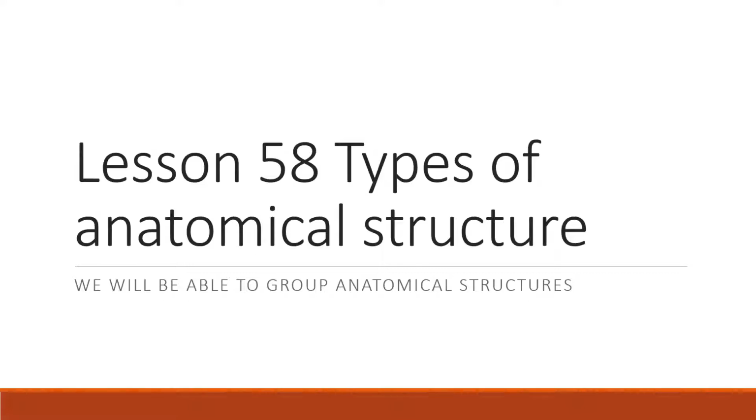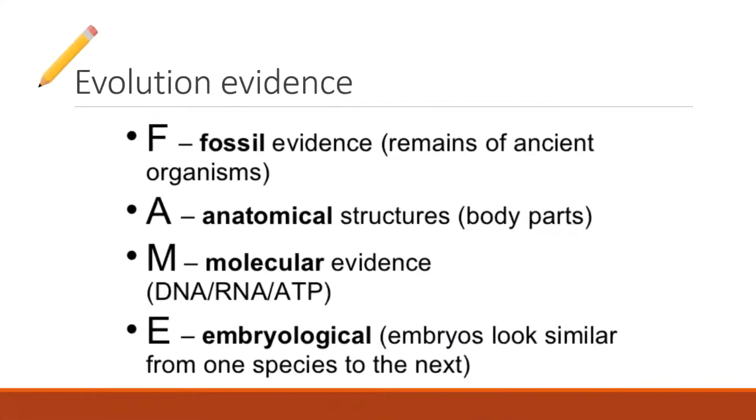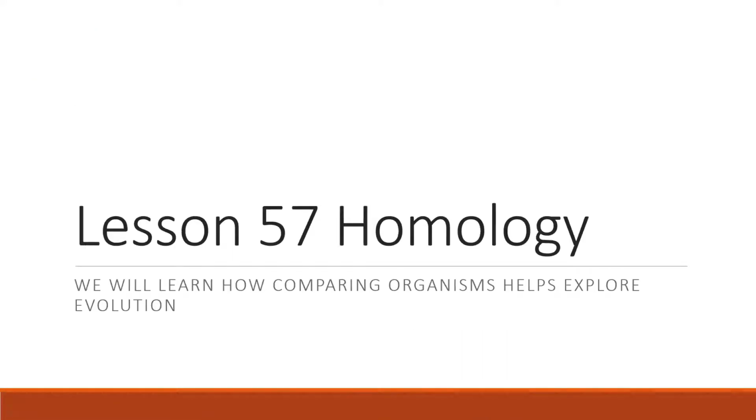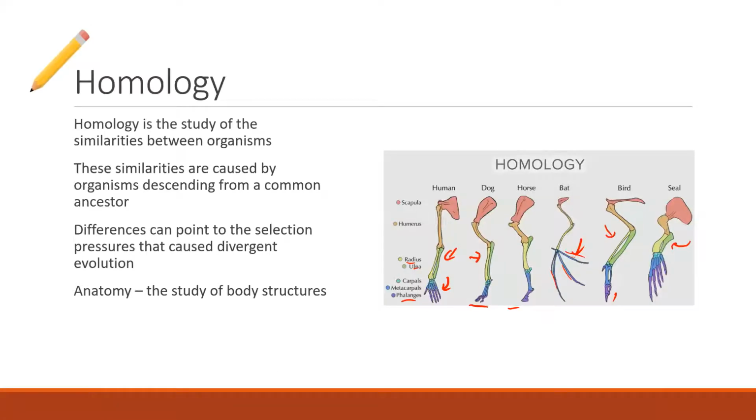Okay, so anatomical structure. Before we talk about anatomical structure, let's talk about what we mean by anatomy. The last lesson we talked about was homology. Homology is the study of the similarities in organisms.